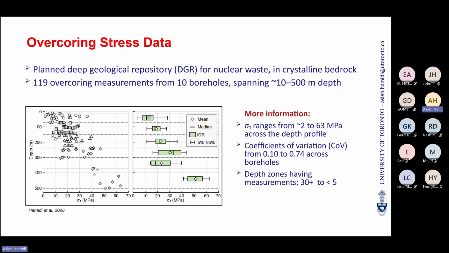To be more specific about the variation, here is a plot that shows how the principal stress sigma 1 varies across depth. On the left side is the depth from 0 to 500, and sigma 1 increases from left to right. We have different mean values for stress across depth, varying from 2 megapascal to over 60 megapascal at 500 meters.